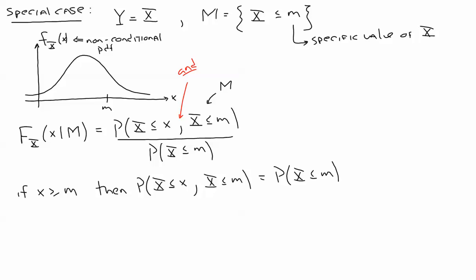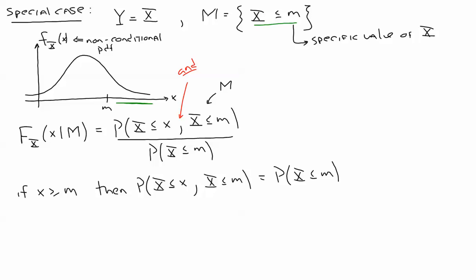If x is somewhere up in this range, greater than m, and at the same time I know that my random variable is less than m, then the probability that X is less than little x and X is less than m is just the probability that X is less than m.